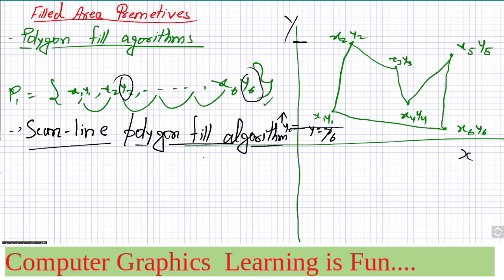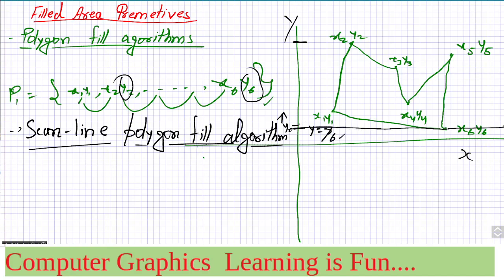This line may intersect some of the lines of the polygon. So we have to consider y is equal to y6 as a line.